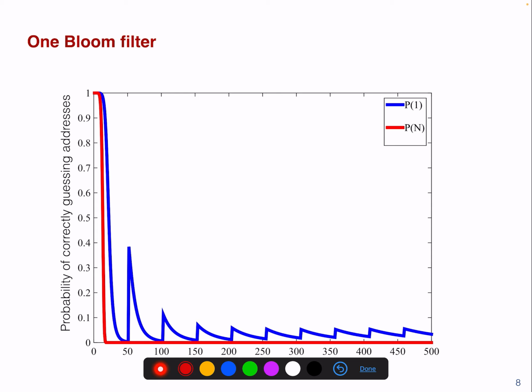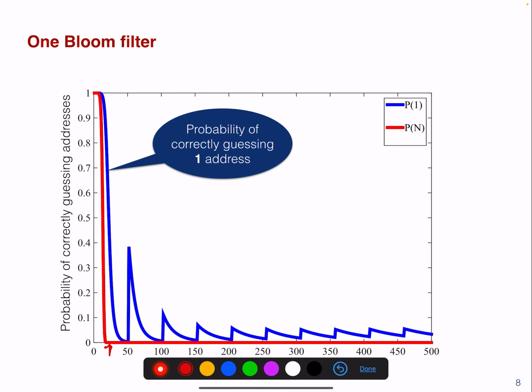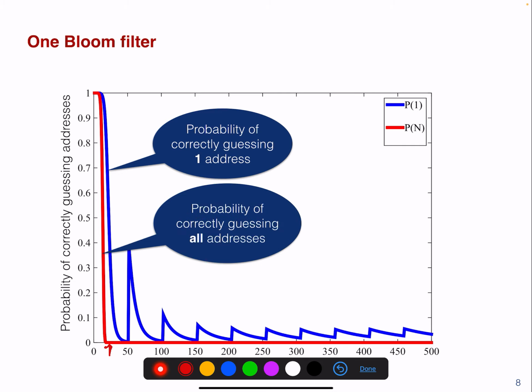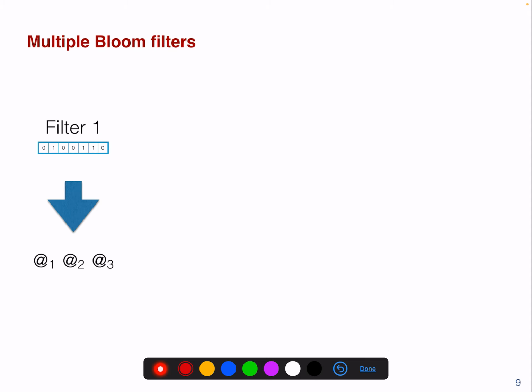The likelihood of guessing all addresses is not that high if the user has more than 25 addresses. So this is the probability of correctly guessing one address, and this is the probability of correctly guessing all the addresses in a wallet. It's true that this part is probably the most interesting because many people don't have that many addresses.